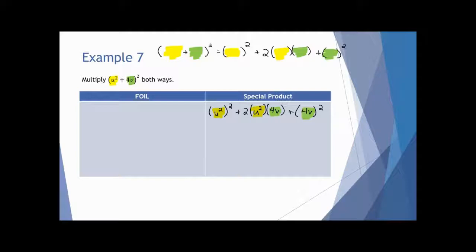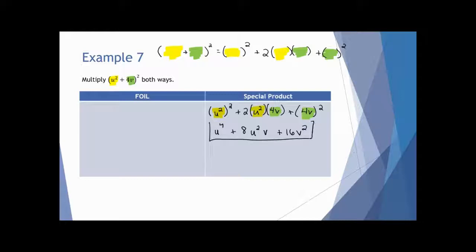So u squared squared, when you have exponents like that, you multiply. So 2 times 2 is 4, so that's going to be u to the fourth. Then the middle term, I have 2 times 4, which is 8, then u squared v. And then the last term, I have 4 squared, which is 16, and then v squared.